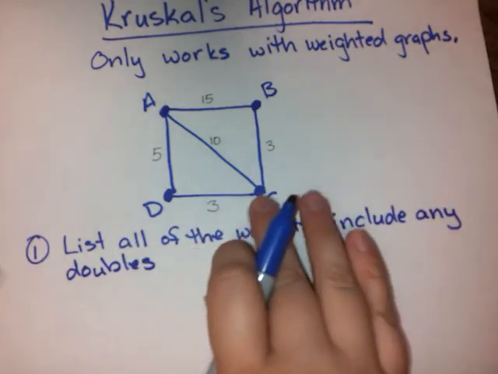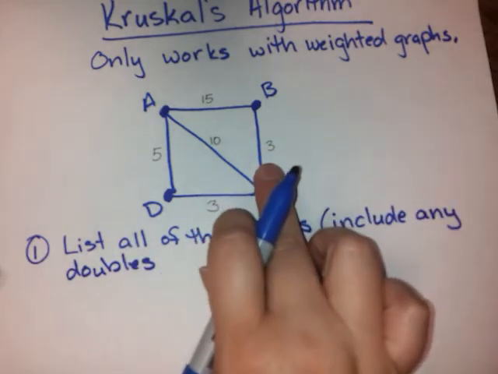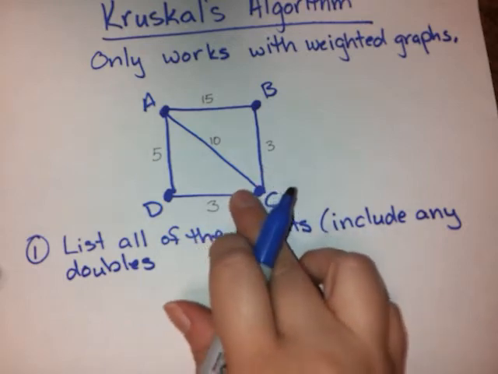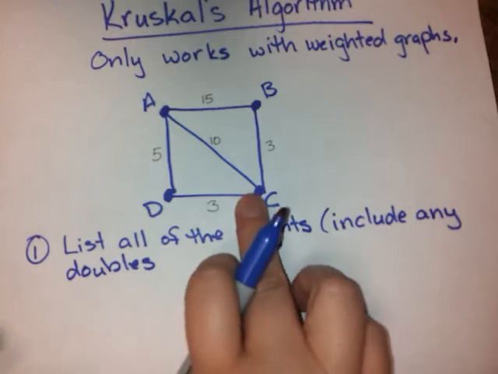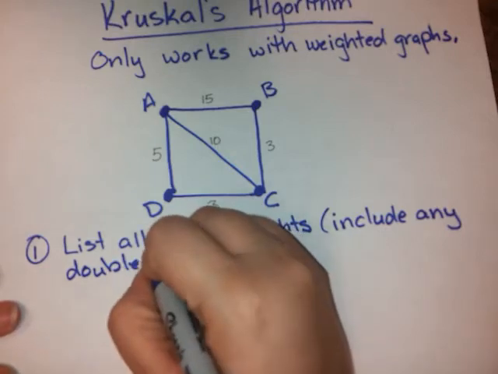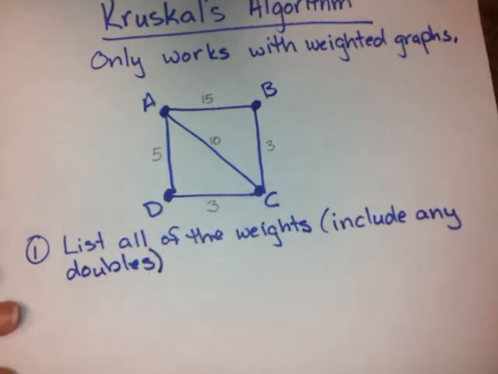Even if I've got in this graph 2 3s, I need to list both of them. If I had a bigger graph and I had 17 6s, I need to list all 17 6s. So make sure you include all of the edges in that list.